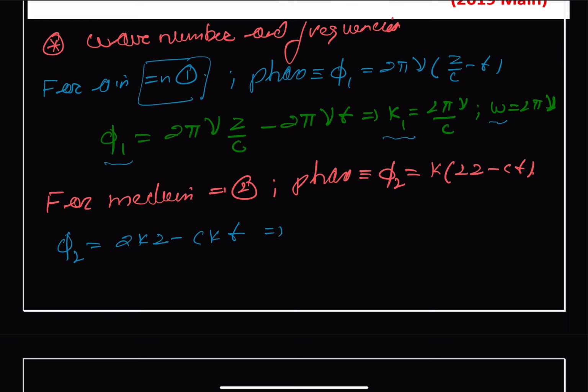So from here we get the wave number, that is our k2, is equal to 2 times k, and our frequency is equal to k times c. Let us call this omega 1 and this omega 2.